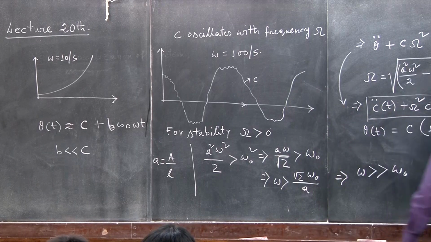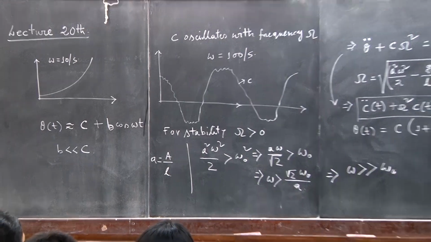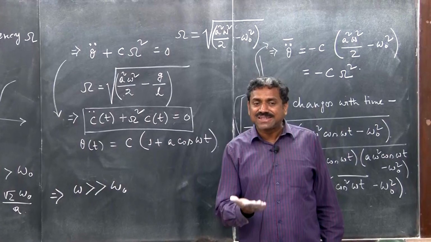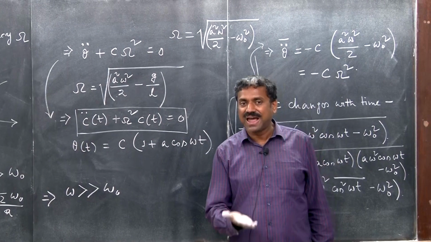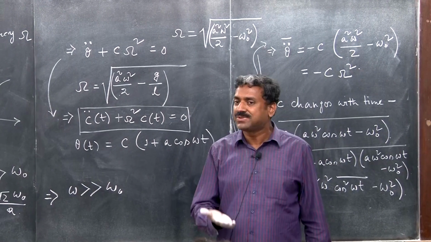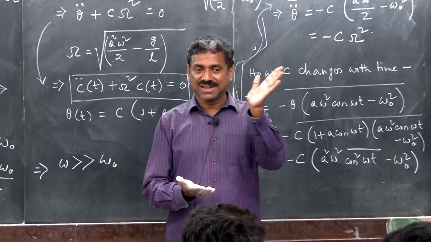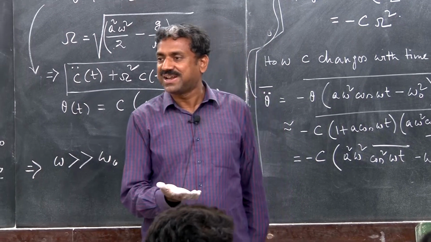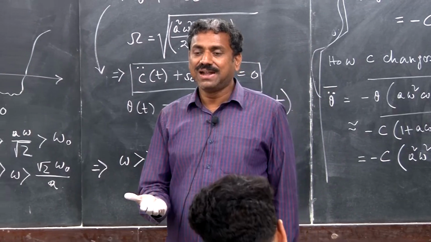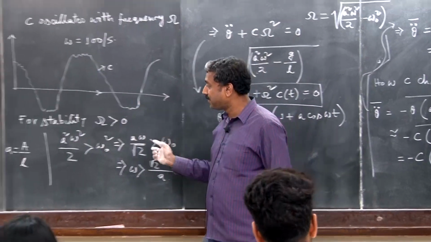So qualitatively, your vertical excitation frequency should be large enough so that it prevents the column from falling laterally. And so high means what?